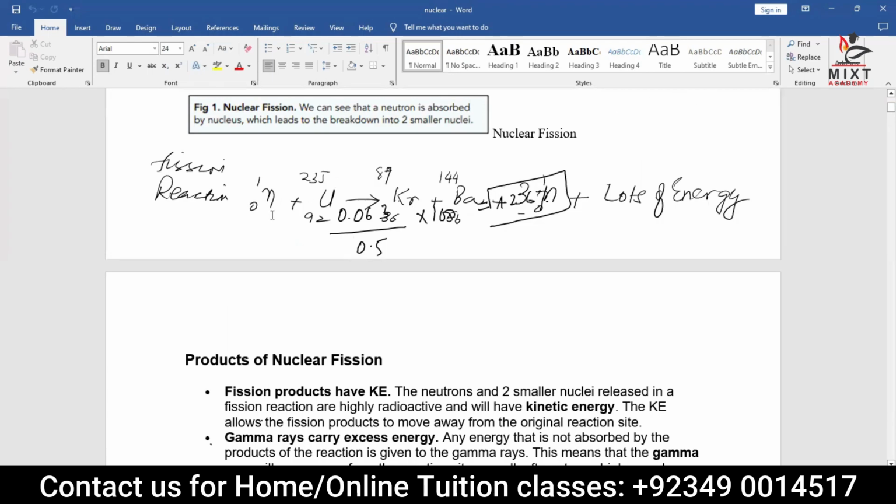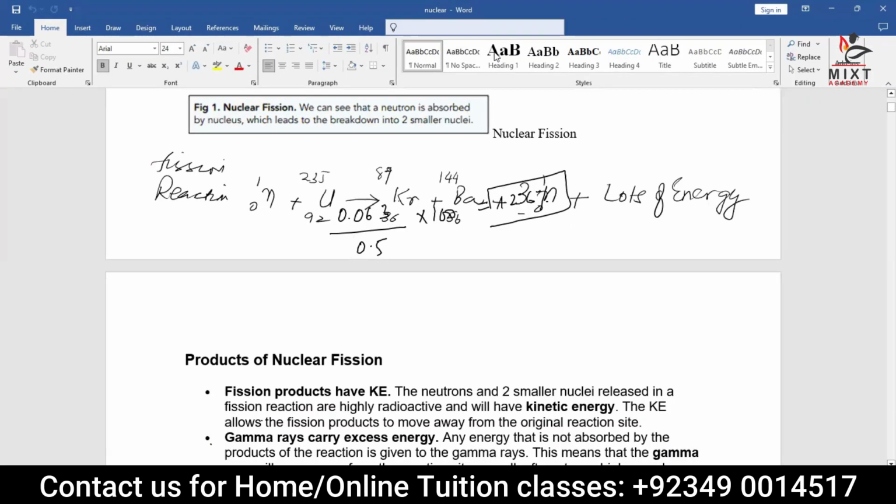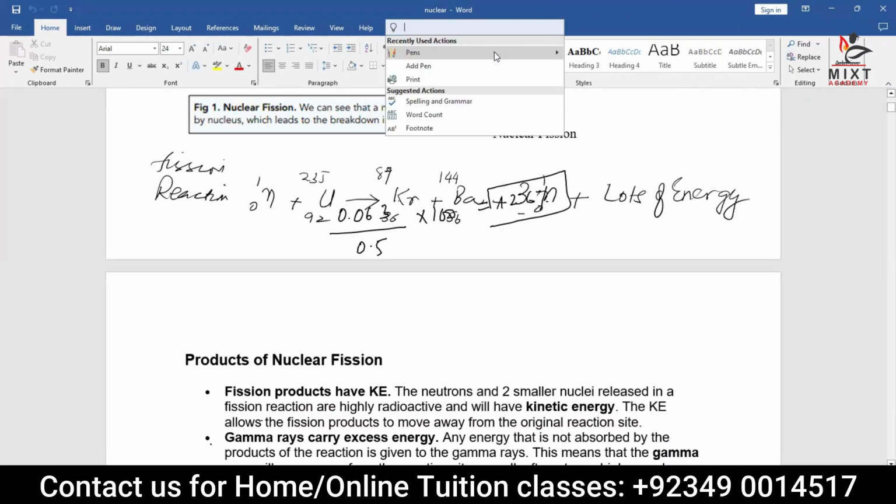It says neutron, then uranium 235 92. Then it will become krypton. Let me just write it properly. I've written this already, the equation.